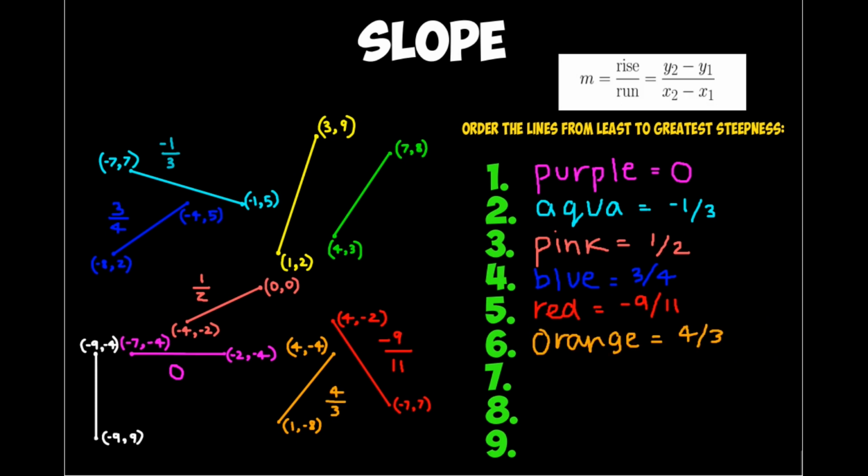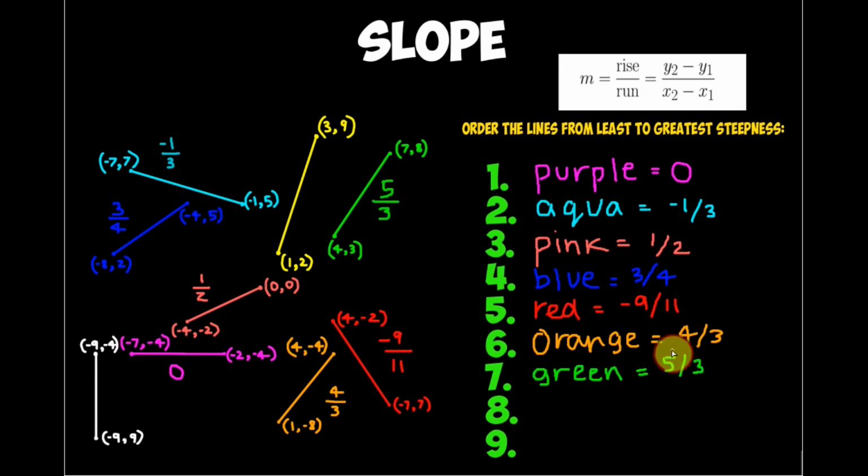And then next we'll take a look at green, this one right here. The y2 is going to be 8 minus 3 divided by 7 minus 4. And we get 8 minus 3 is 5, divided by 7 minus 4, which is 3. So the slope for this is 5/3. So we'll put that down.